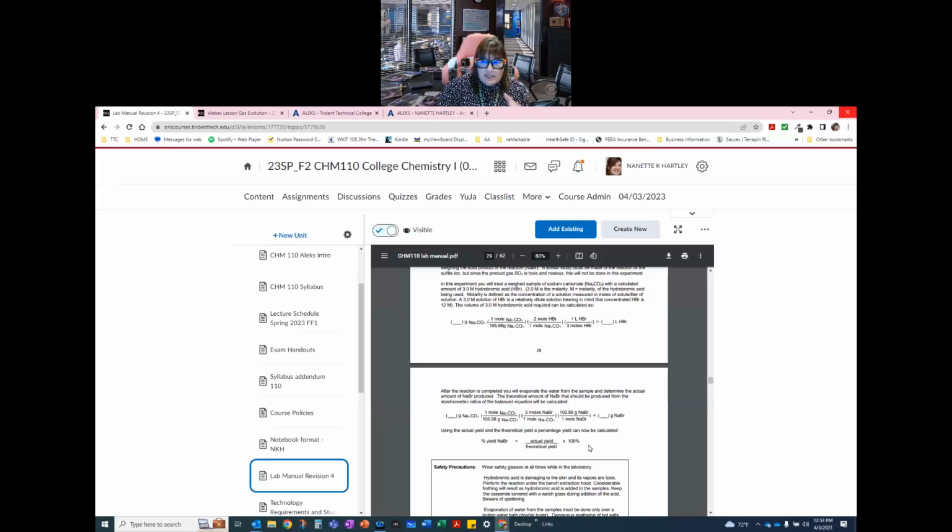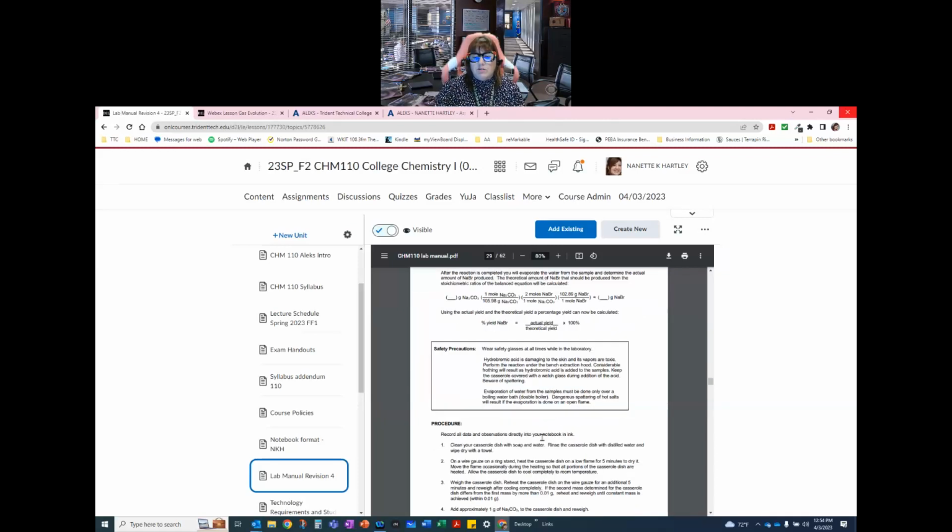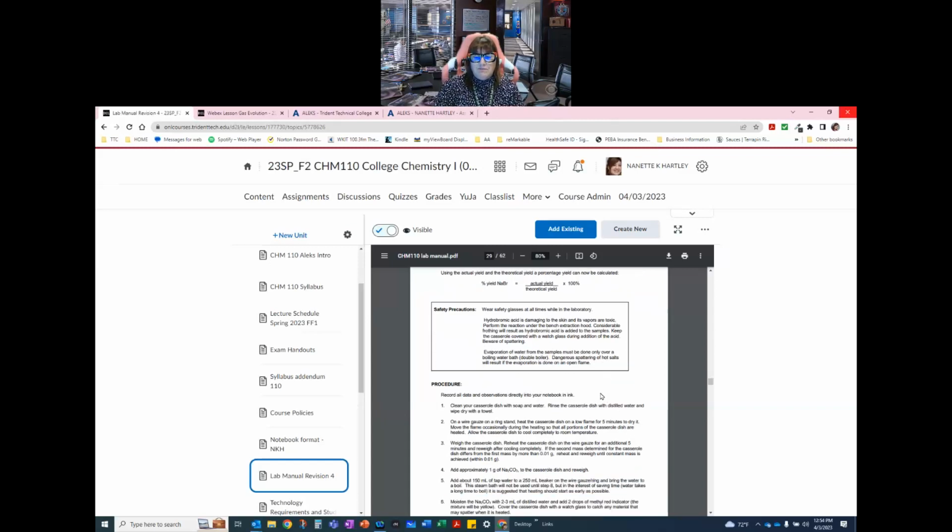So the percent yield has a different calculation than percent error, but they both involve actual and theoretical. So this one is actual over theoretical times 100. When we do a percent error, then we look at the difference between the actual and the theoretical and divide that by the theoretical times 100. So there is a difference in what we're doing there.